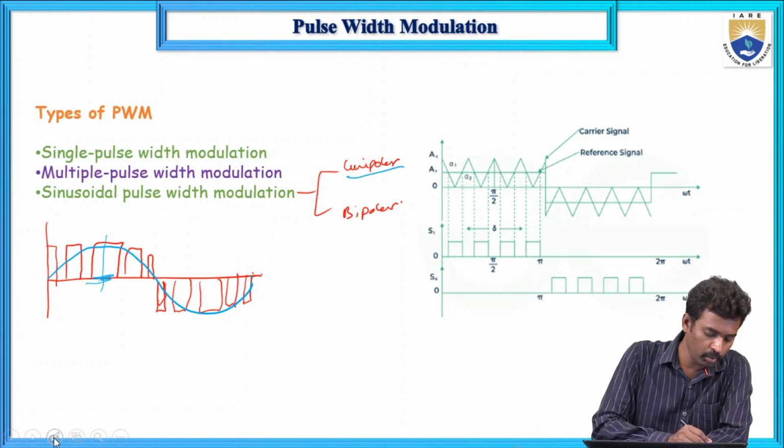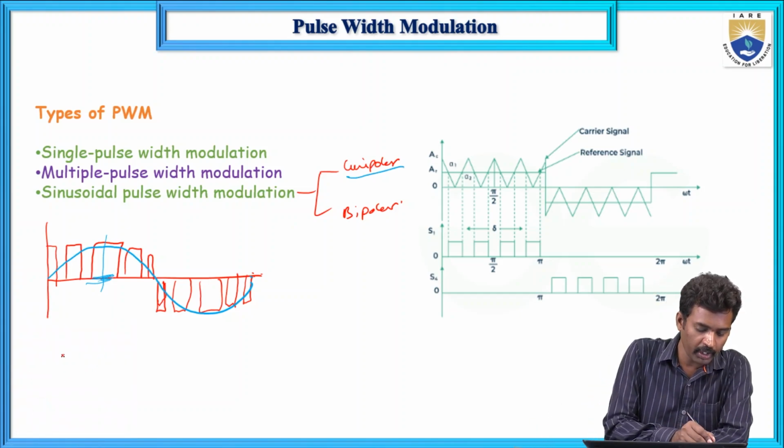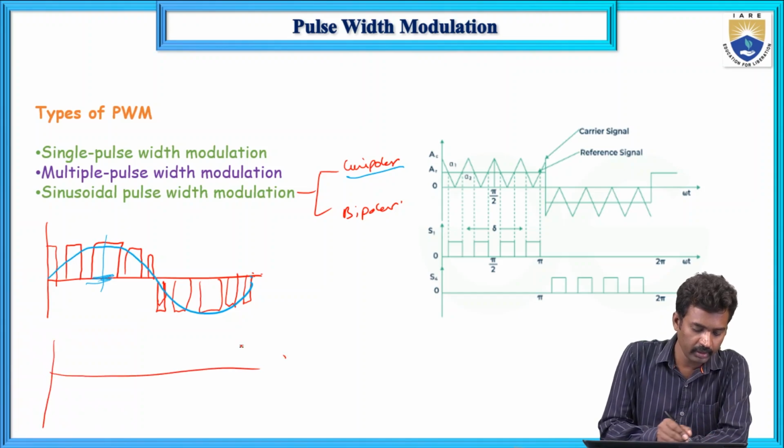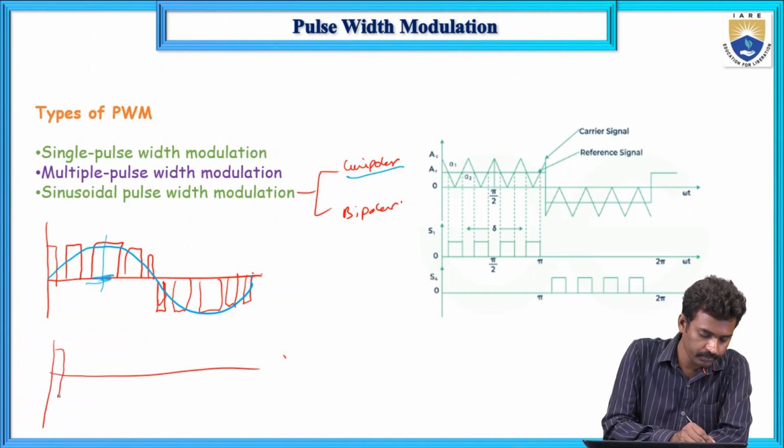Now the bipolar pulse width means we get the same figure in the negative also.